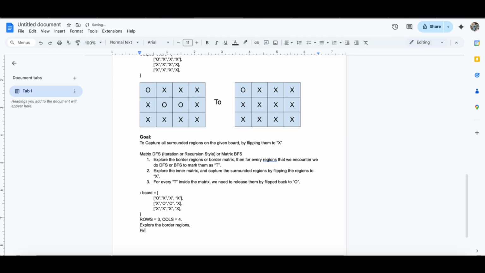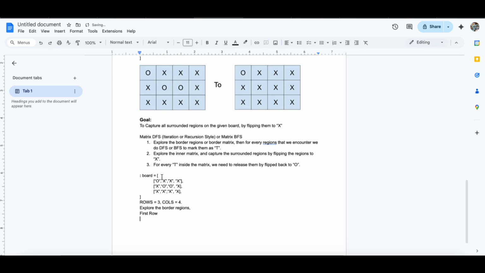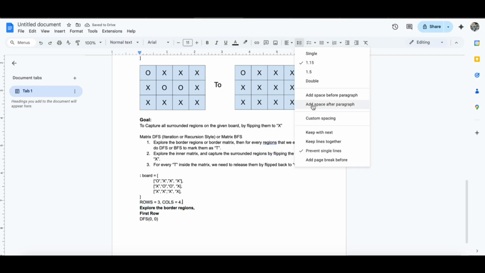We need to explore the first row. Is there any region on the first row? Yes, that is on board row 1 and column 1, right? So we do the DFS row index 0 and column index 0, right?